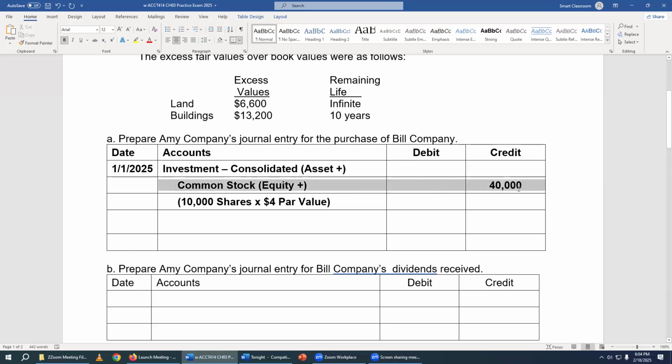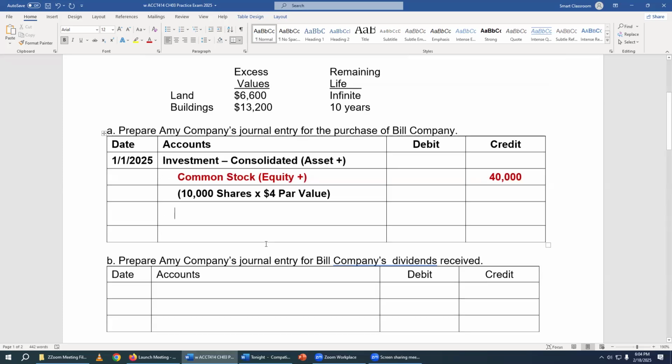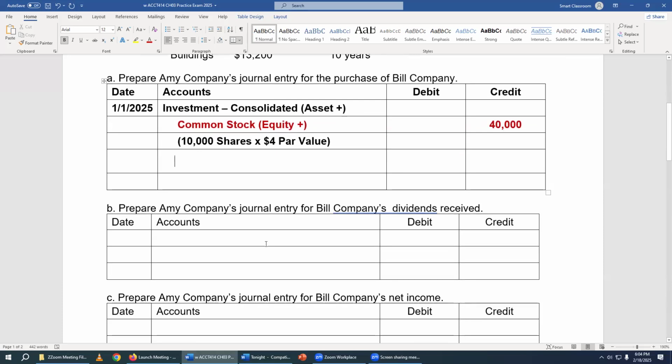Okay, so here's our common stock. And then we're gonna have additional paid in capital. I don't know why this row is higher than the rest of them. Anyway, doesn't matter. So additional paid in capital, I'm just gonna call it APIC.